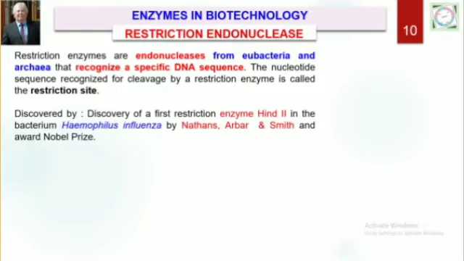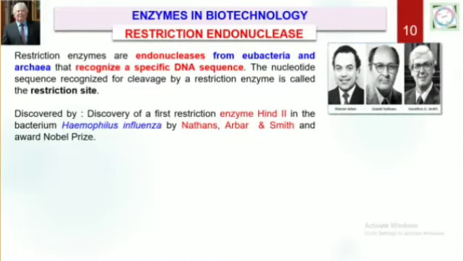As far as discovery is concerned, the restriction enzymes were first discovered by Arber, Smith and Nathans. The first enzyme to be discovered was HindII in the bacterium Haemophilus influenzae. Actually, Arber found out how E. coli protects itself from the action of bacteriophage.